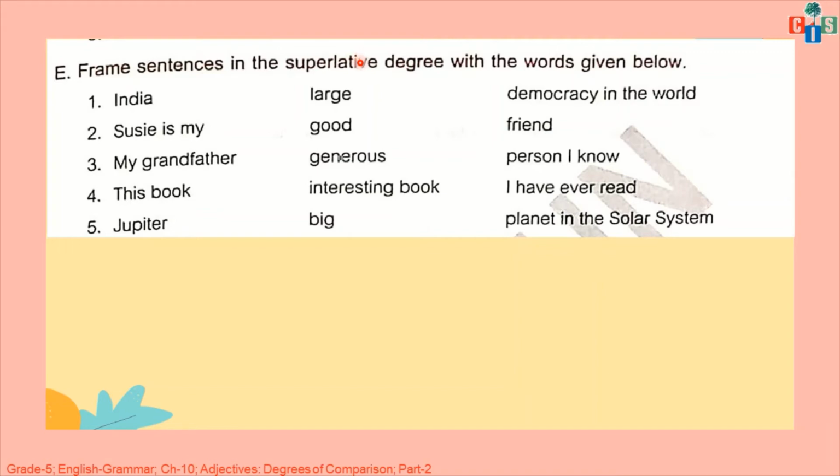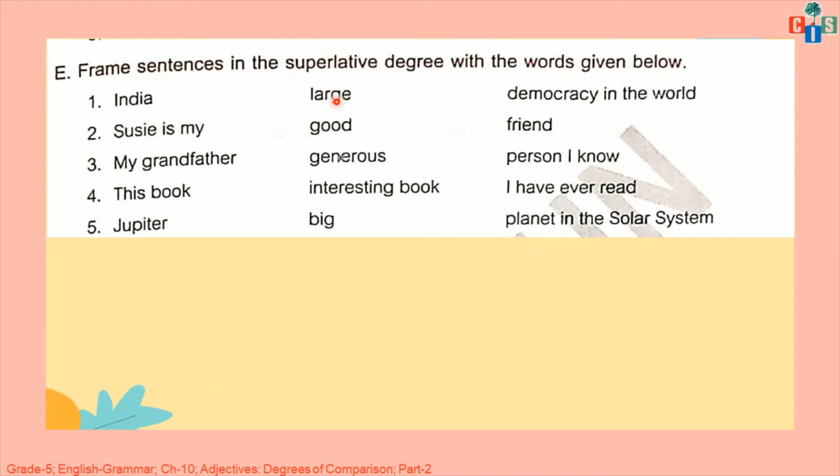We have to add est to the main word, or if we cannot change that word, then what else can we do? We can add most before the main word. Okay, either we will add est to that word and that word will change into superlative degree, otherwise we can add the word most before the main word.